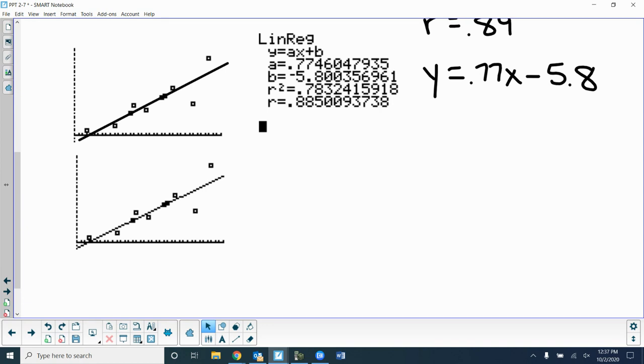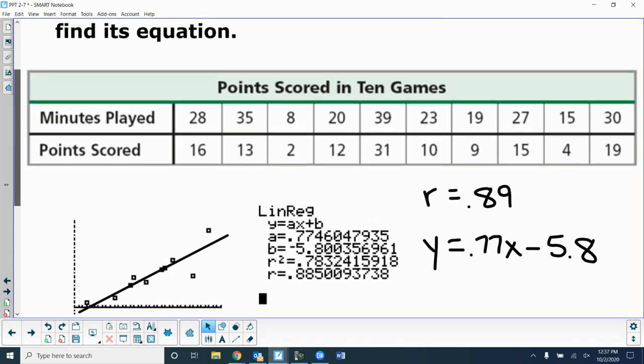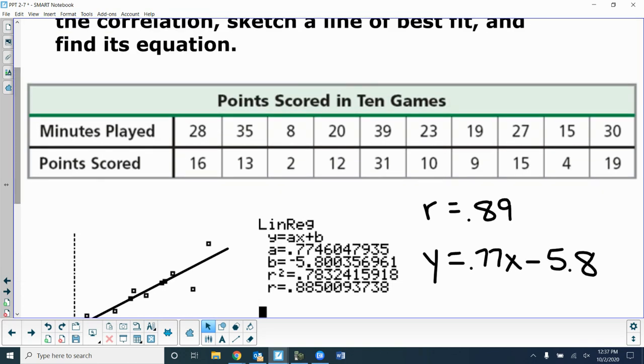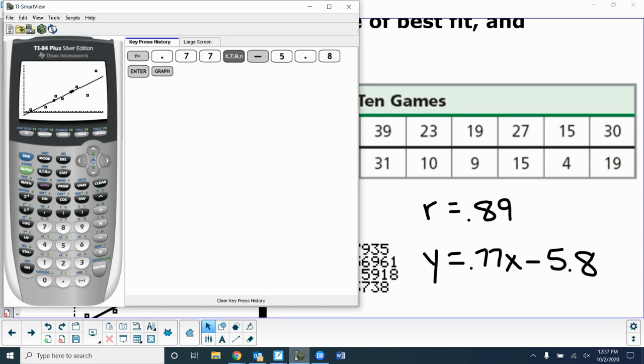But that's all we're doing, is taking a set of data and putting it in our list. How do we clear our list again? How do I get to the list again? The top list. Stat, enter. That'll get you your list. How do I clear it?